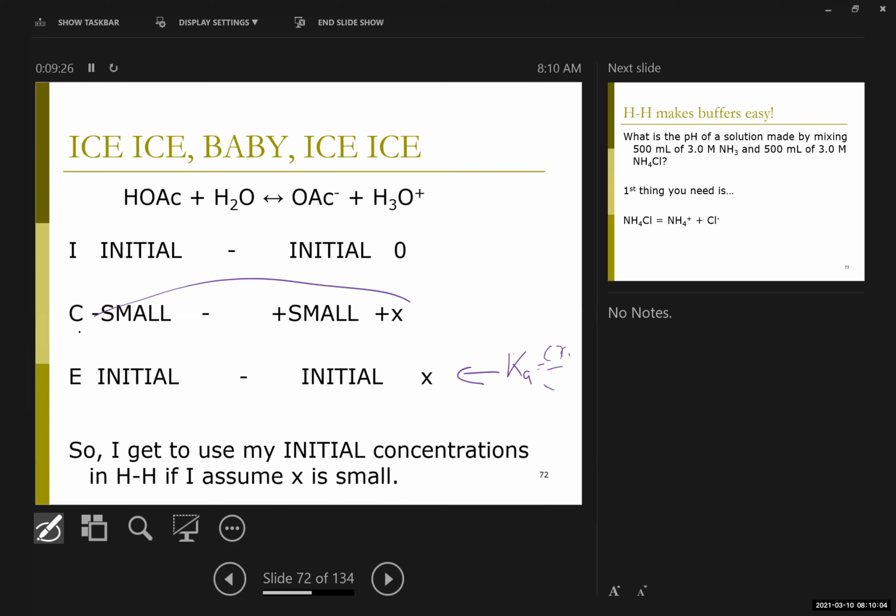But if this is true, when I'm working up here, then I can use Henderson-Hasselbalch. And so it kind of bypasses my normal process. It is what it is. And if I'm going to use that, I at least have to recognize that's what I have.